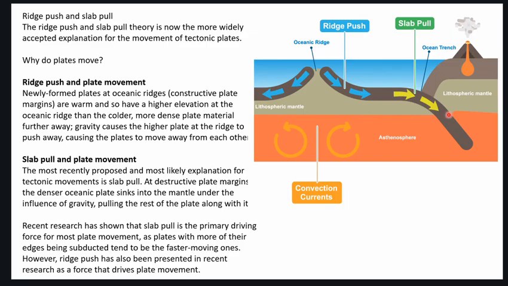You can see it going deeper into the mantle, so that gravity pulls the rest of the plate behind it like an anchor. Here you have this plate being forced together, but being forced under at the subduction boundary. The plate is being forced down here. That's the slab pull method.